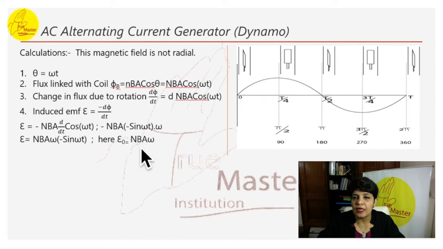So NBA omega can be written as E naught, a constant. So E equals E naught sine omega t will be the equation for this sinusoidal curve.